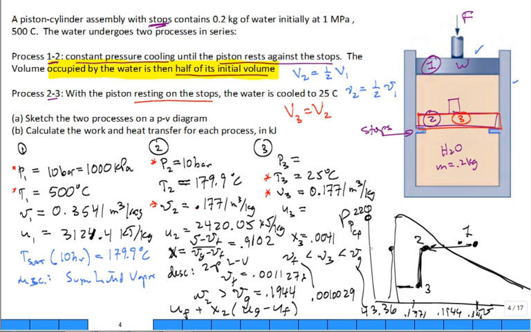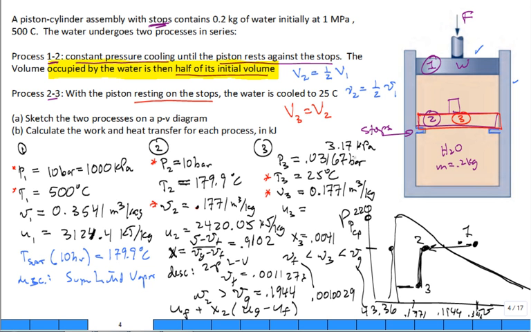Oh, I forgot to emphasize, what is the pressure at state 3? Isn't that the saturation pressure, which is 0.03169 bar, which is 3.169 kilopascal?